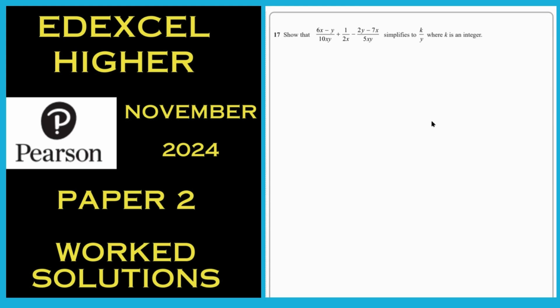Number 17, algebraic fractions. They've all kind of got things in common, but yeah, the good news is 2x is a factor of 10xy.